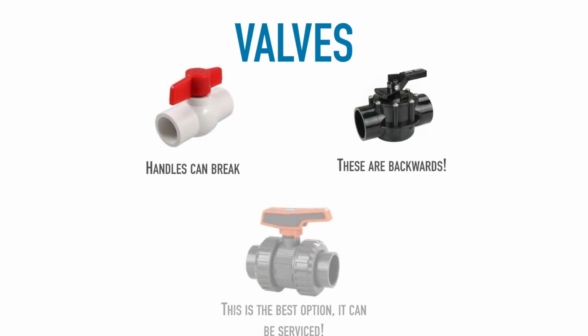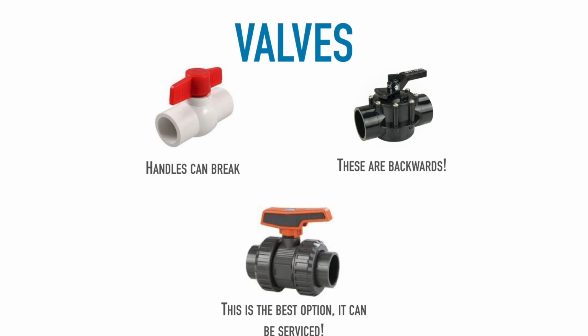Now with our valves, we have a wide plethora of valve options out there. Now, the one that I want us to point out is on that top right corner there, the black Jandy valve. The big thing to remember with this black Jandy handle is when the handle is running parallel with the pipe like it is in that photo, that pipe is closed.